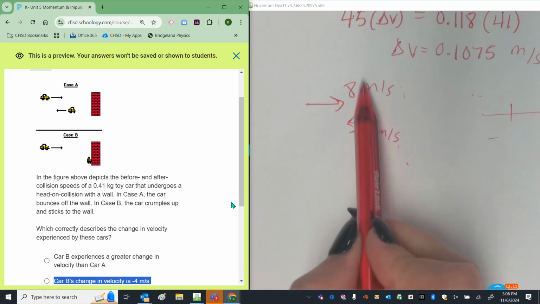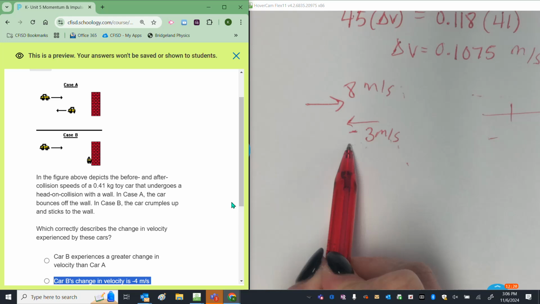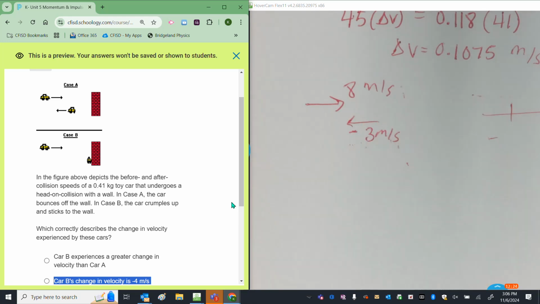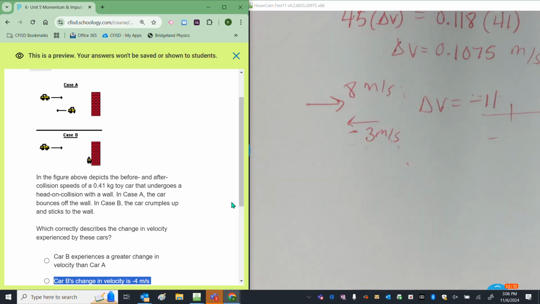Please don't look at this and say, oh, the change is 5 or -5. You need to take into account the fact that this is going -3, and so the change isn't 5 because it's not going from 8 to 3. It's going from 8 to -3. The change is -11.